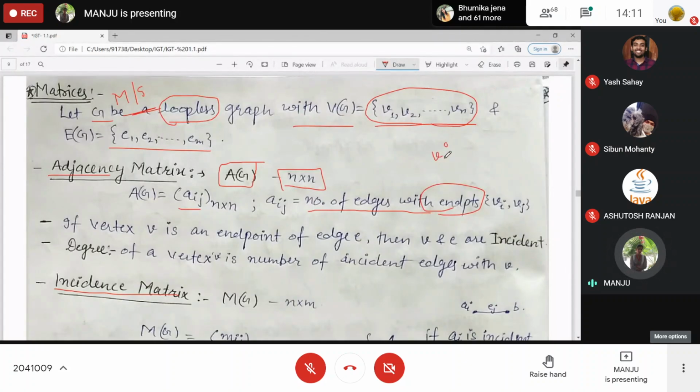Suppose this is the ith vertex and this is the jth vertex, then if there are three edges, a_ij will be 3. If two edges, then it will be 2. Clear? For example, if you take this graph A, B, C, then the adjacency matrix will be, tell me the order of the adjacency matrix.